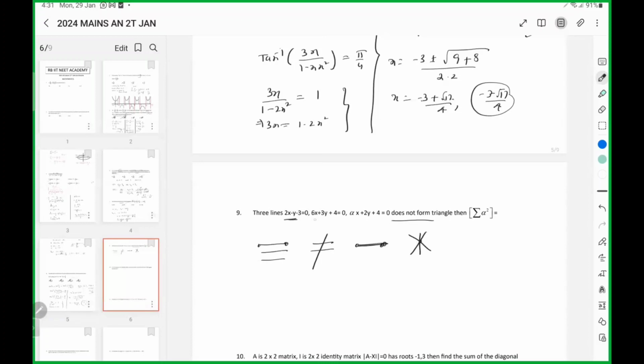If you observe this, these are all three are not parallel, so it is ruled out. Parallel means A1 by A2 must be equal to B1 by B2. 2 by 6 is 1 by 3, but minus 1 by 3.